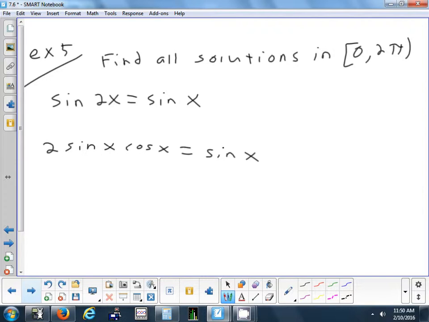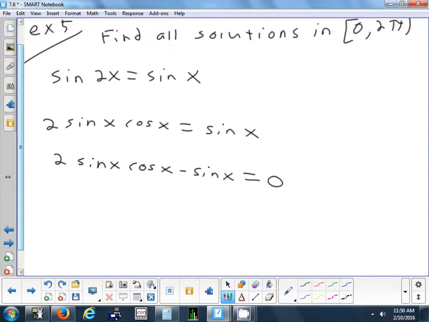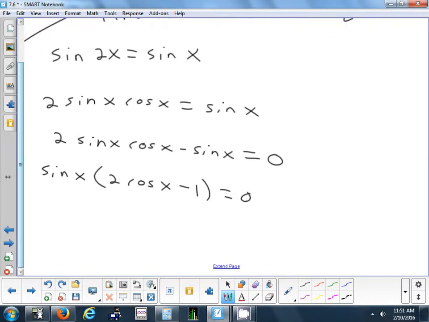Okay, bring sine x to the other side. Okay, now what would we try? Yeah, factor out sine x. I'm going to be left with 2 cosine. And that's basically it. Now just set each factor equal to 0 and solve.